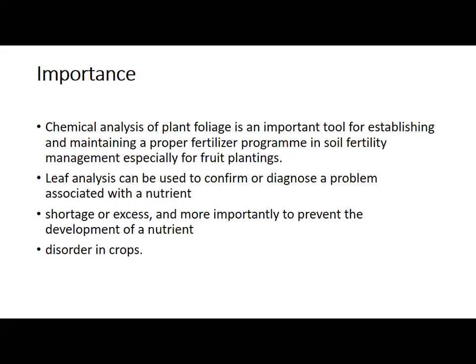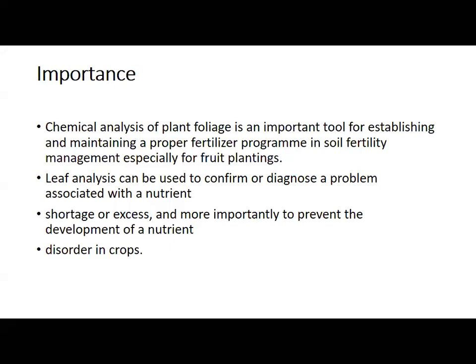Okay. Then the next disorder due to deficiency of nutrient: Khaira disease in rice.